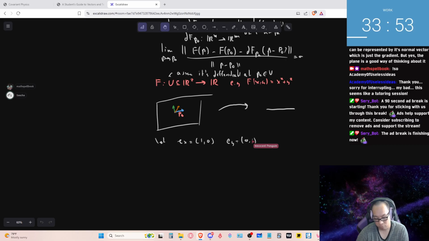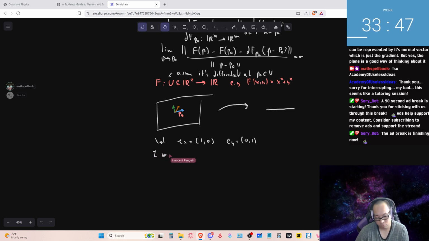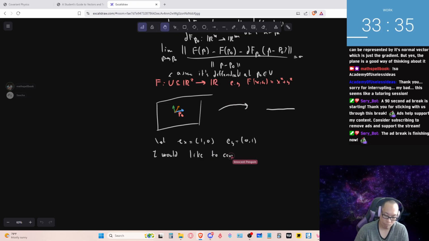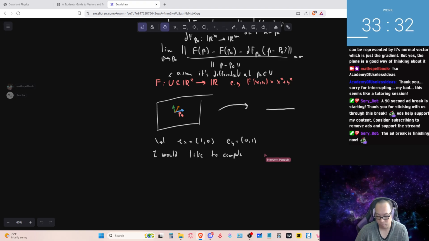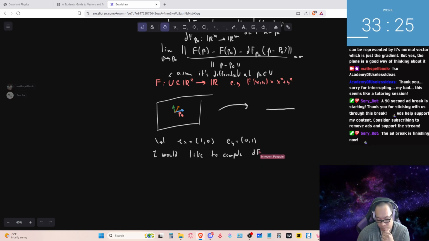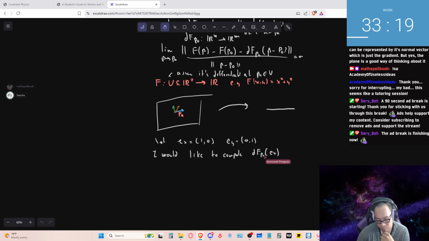And what I would like to do is compute the differential at those vectors, ex and ey.